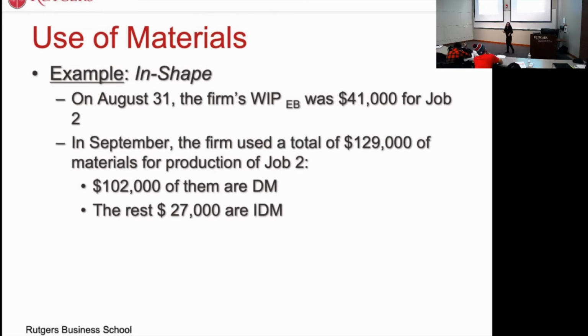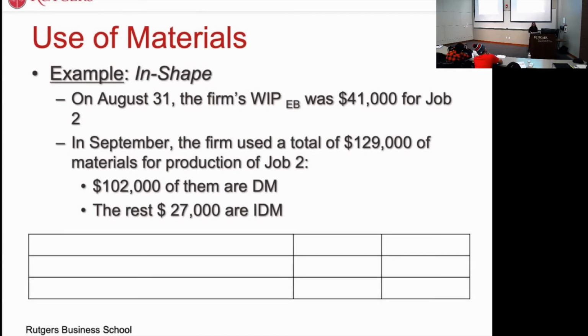So let's say, how do we journalize this transaction? The use of materials. We have both direct material and indirect material. So let's first consider when we use the raw materials, we will have an increase or decrease of raw materials. We have a decrease, right? So we can first do the credit side.